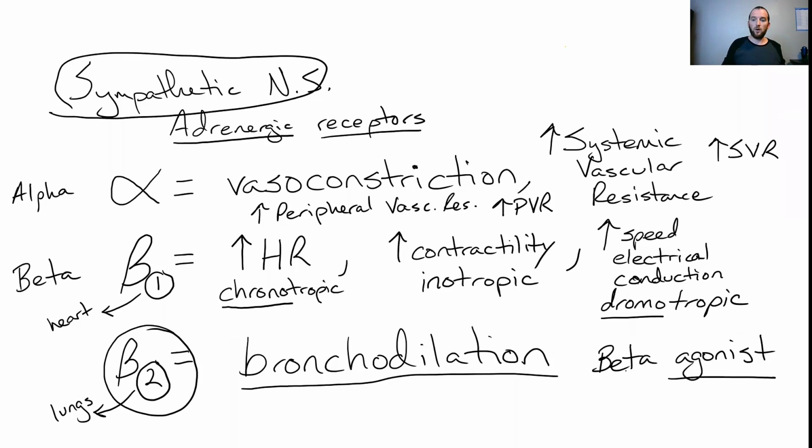Now we know specifically we're giving it for beta 2 because we want to get the respiratory effects of bronchodilation. But albuterol will also bind with some of those beta 1 receptors, which is why if you put a patient on albuterol for a little while, one of the most common things that we will see on our vital signs assessment is that heart rate starting to increase.